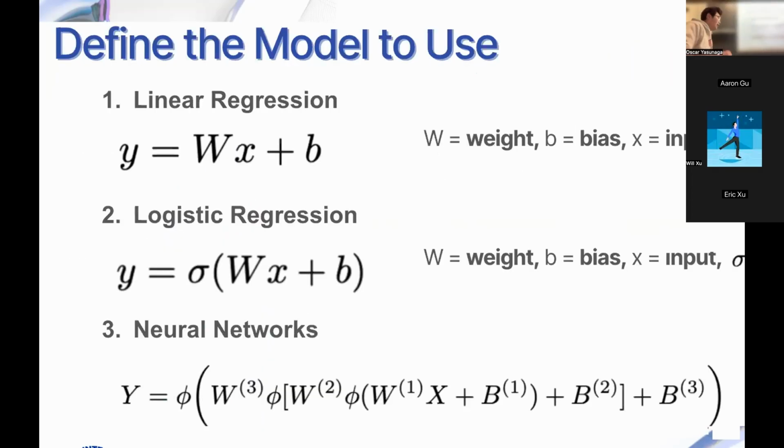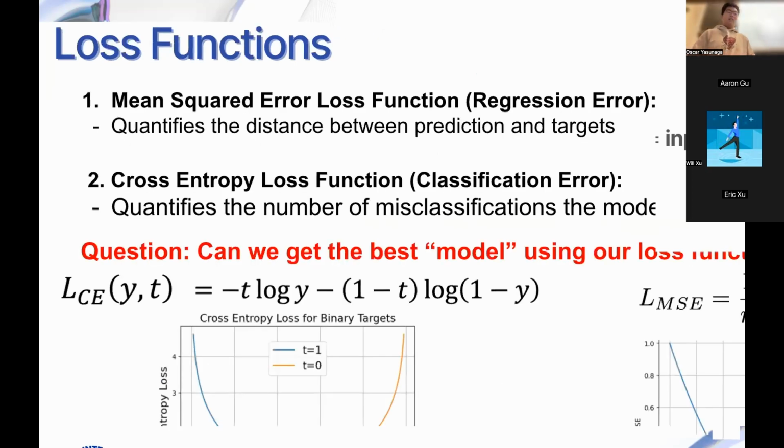Okay. Now, I guess the question, generally for all types of different machine learning models, is there a way to quantify how well our model performs? And the metrics that we learned are the mean squared error, which quantifies the distance between our predictions and targets, and then cross entropy loss, which quantifies the number of misclassifications the model predicts, right?